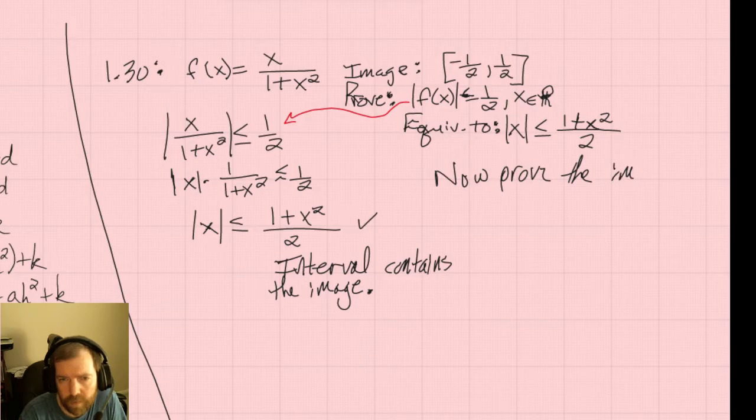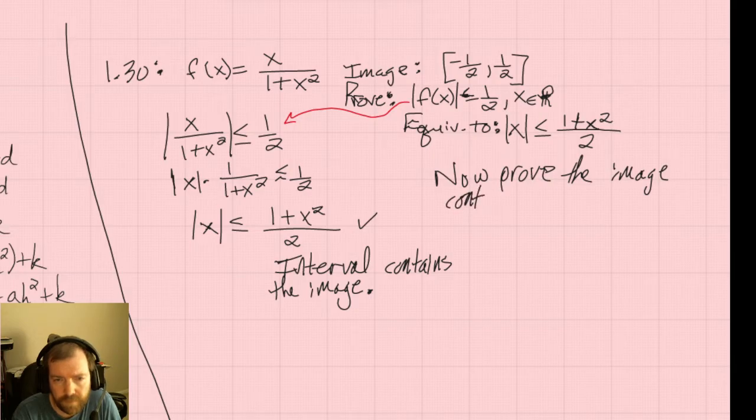Now prove the image contains the interval.